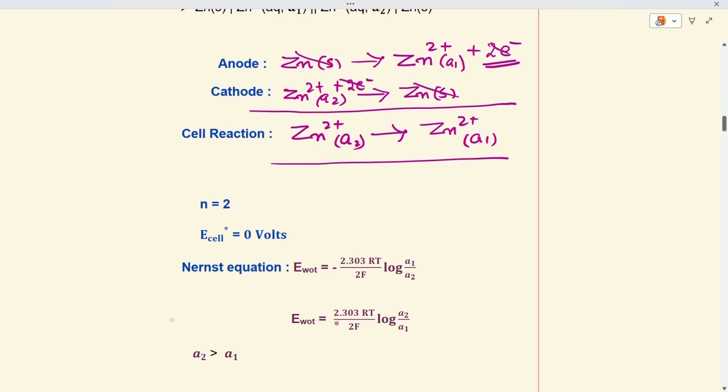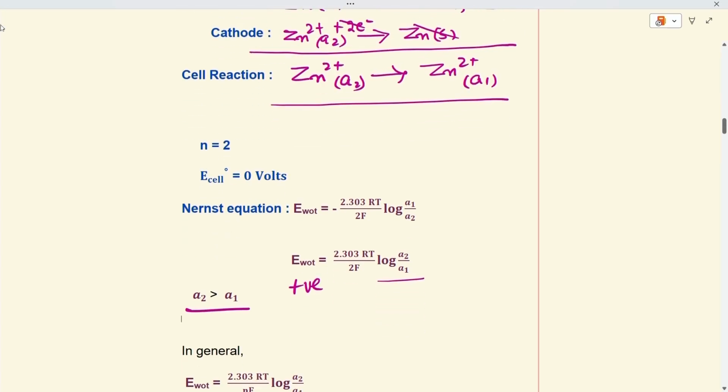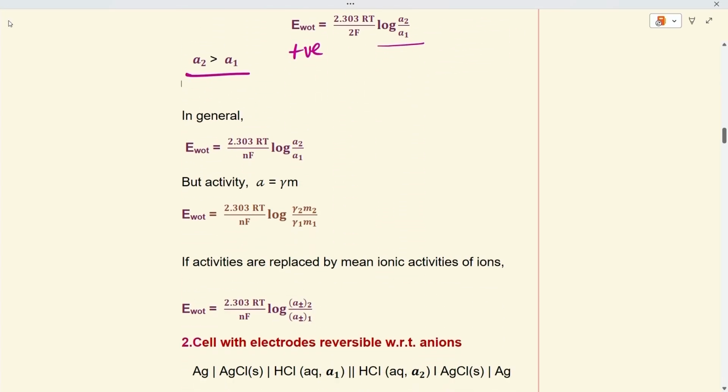Removing the negative sign, it is 2.303 RT by 2F log, instead of A1 by A2, A2 by A1. Again, for the EMF to be positive, A2 should be greater than A1.